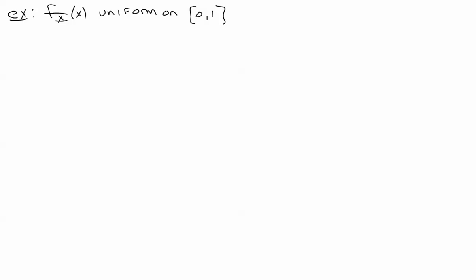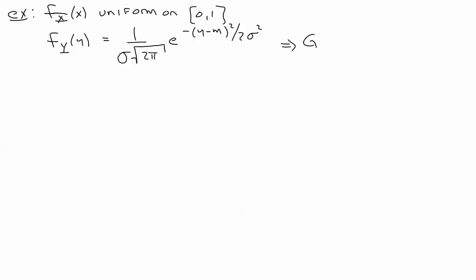And I'm going to let y be a random variable that has a general Gaussian probability density function. This is a general Gaussian.